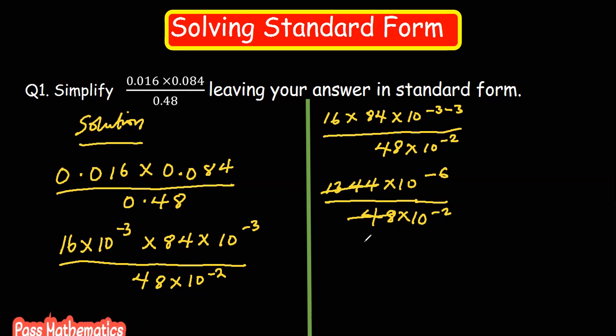we should have 28 times 10 raised to the power of minus 6 over this 10 raised to the power of minus 2. Then we are going to have 28 times 10. So this power is going up and we are going to subtract it from this.